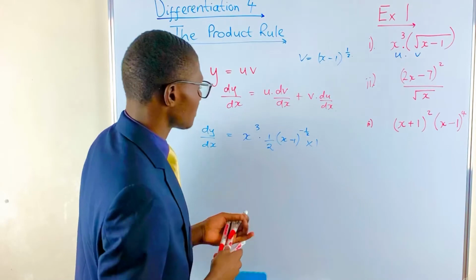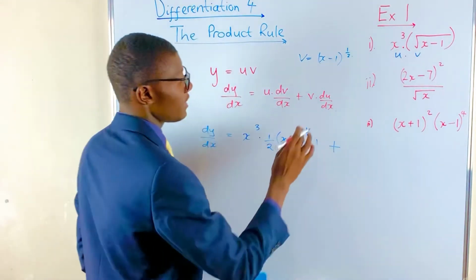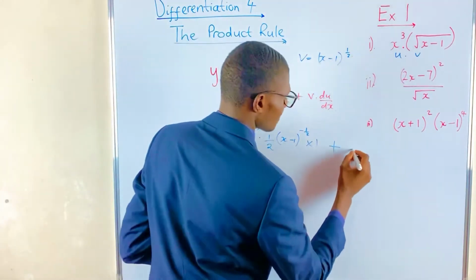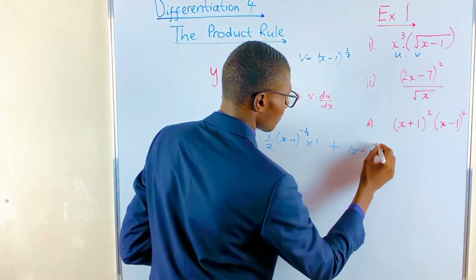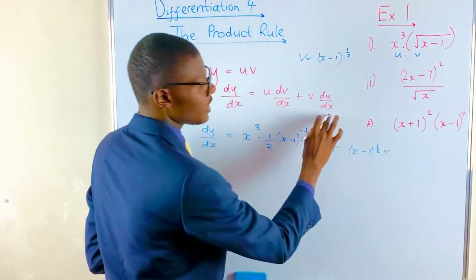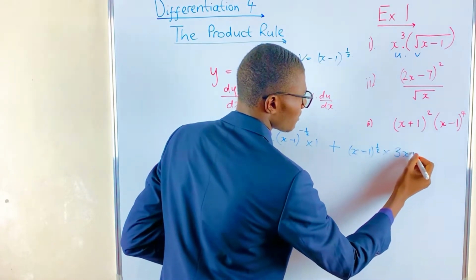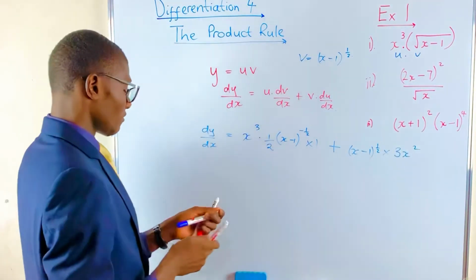Then we add plus v. V is x minus 1 raised to the power of half, times du by dx. Differentiating that, we drop the power 3, multiply by x, then subtract 1 from the power of 3.